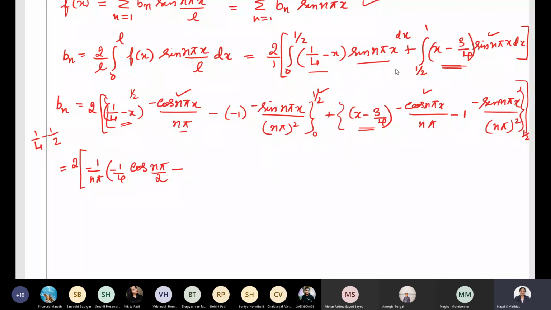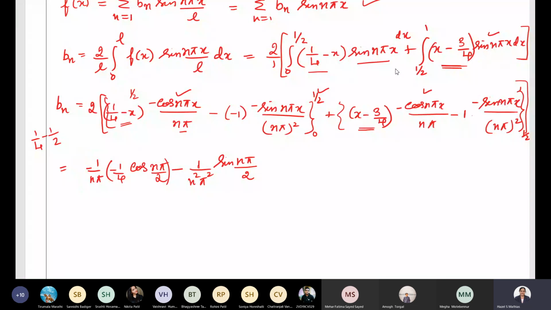So 1 by n square pi square sin n pi by 2. Am I correct? This is the upper limit. Is it confusing?